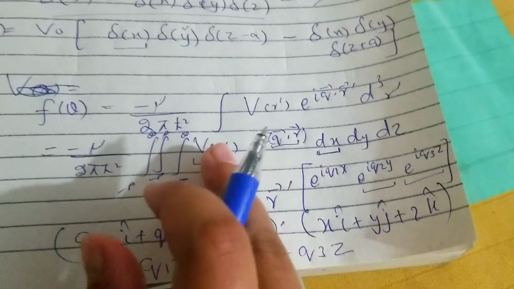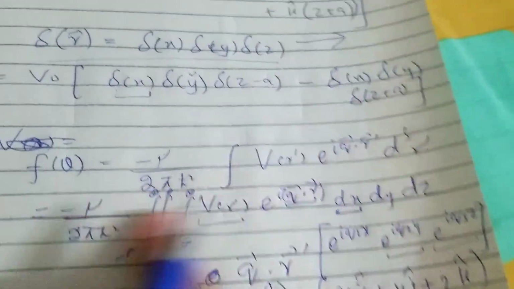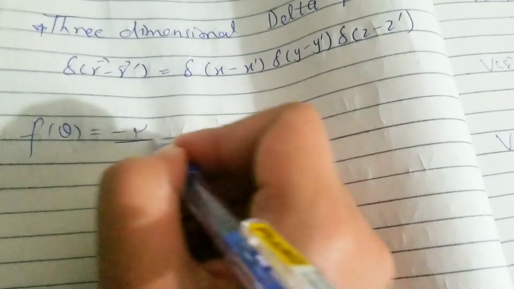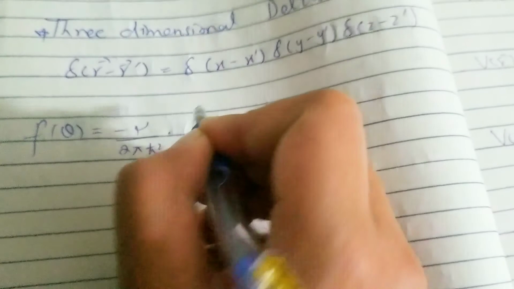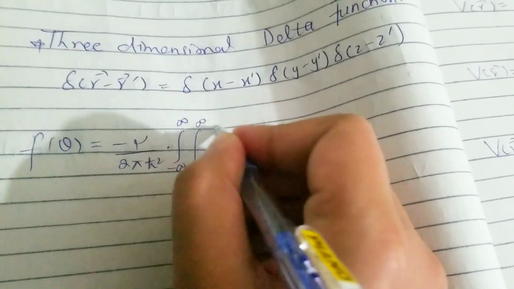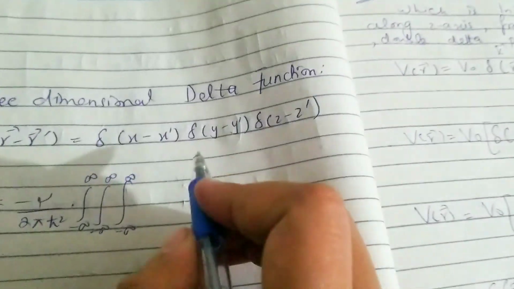Now I'm putting the value of V of r prime, this expression right there, and we get minus infinity to infinity. I will separate the integral later. First of all, I will put the value of V of r prime, which was this whole thing.